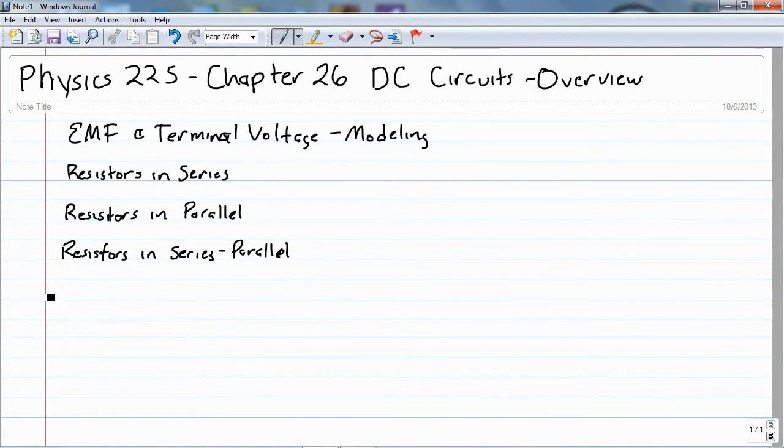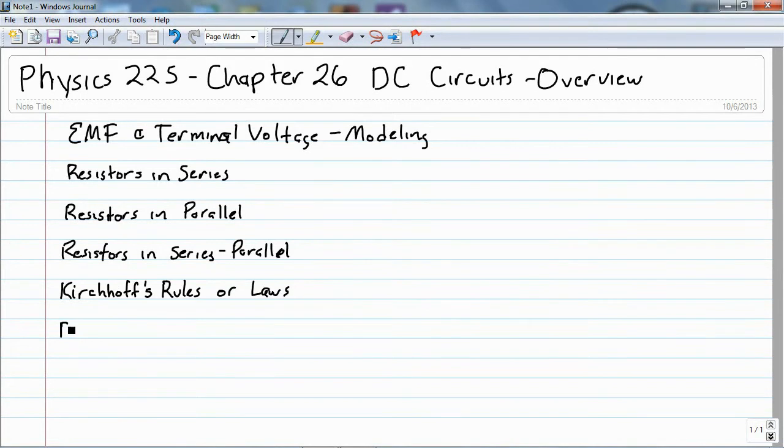We'll talk about Kirchhoff and his rules or laws, depending on who you talk to. You'll notice I usually call it Kirchhoff's laws, but Giancoli calls it rules.